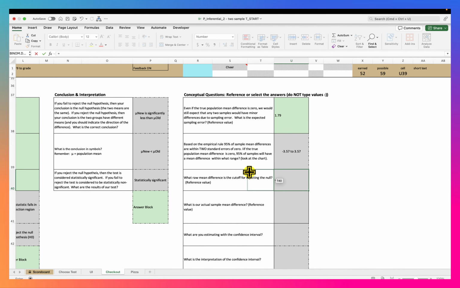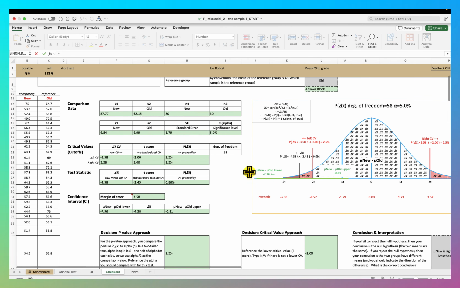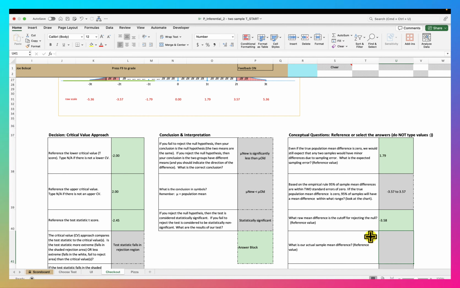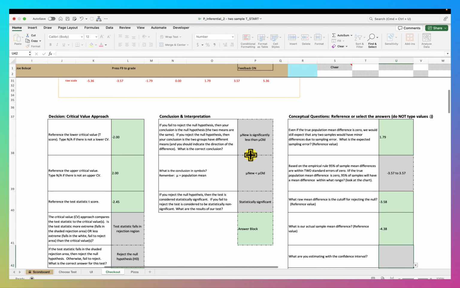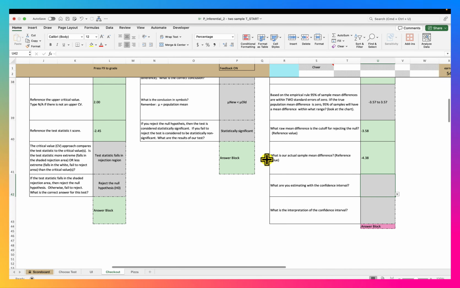And the raw cutoff is over here. It's going to be on the negative end. Raw value. And our actual sample difference is there, which exceeds the cutoff.